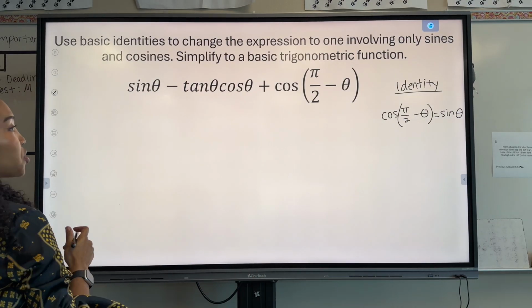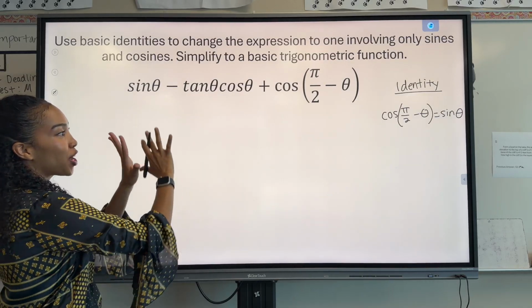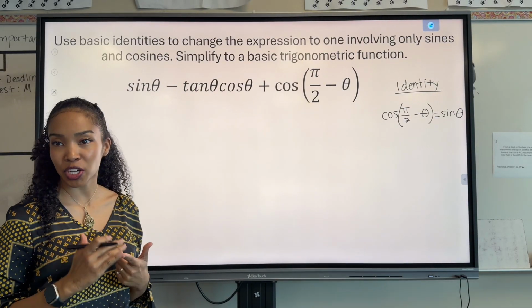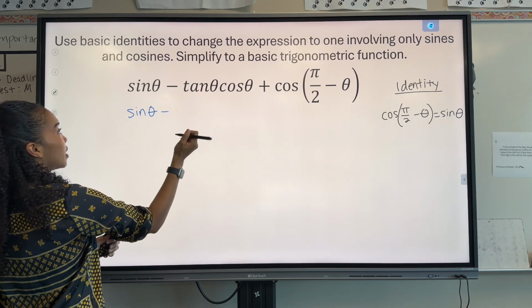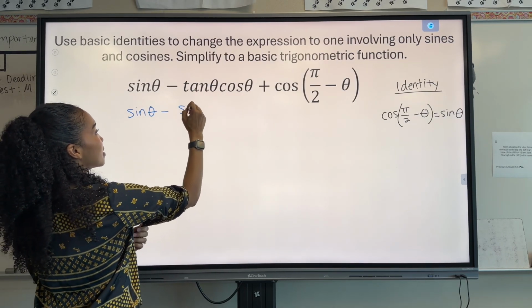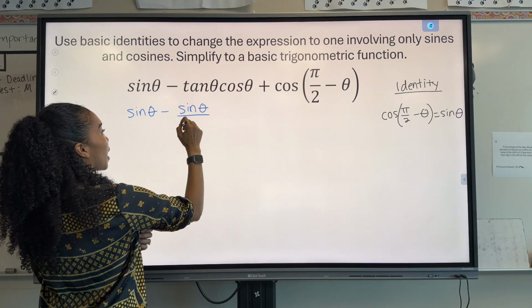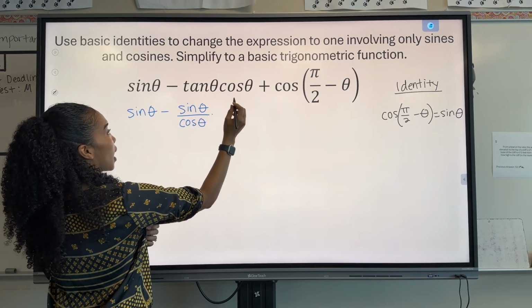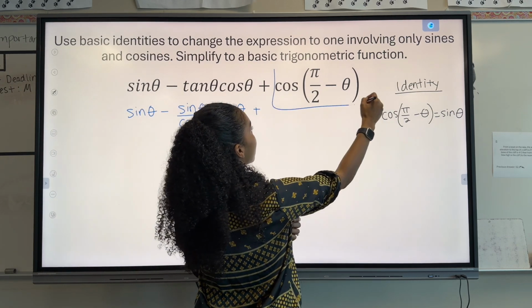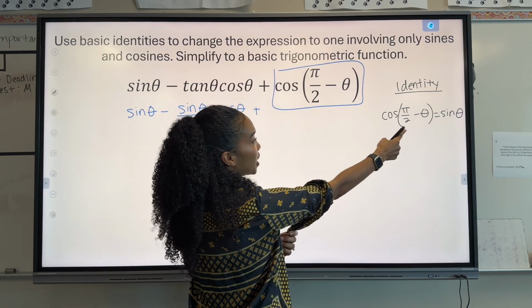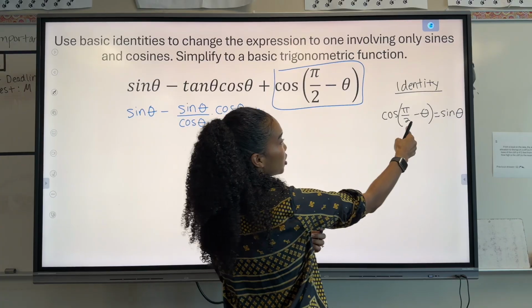All right, so to simplify this one, we wanna turn everything in terms of sines and cosines. So this is just sine, it stays the same, it's good. Tangent, that can be written as sine divided by cosine. I'm gonna keep this cosine the same. And this is your cofunction identity. So this is equal to sine.